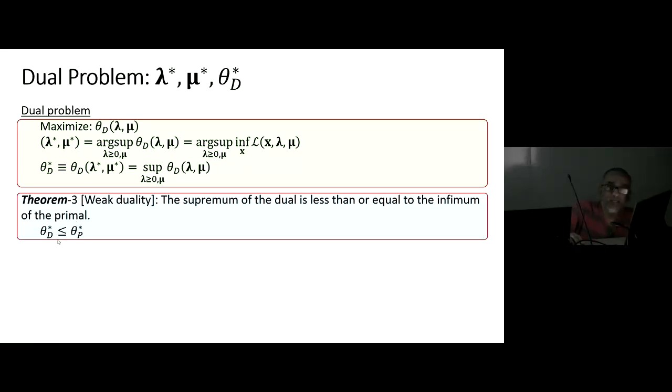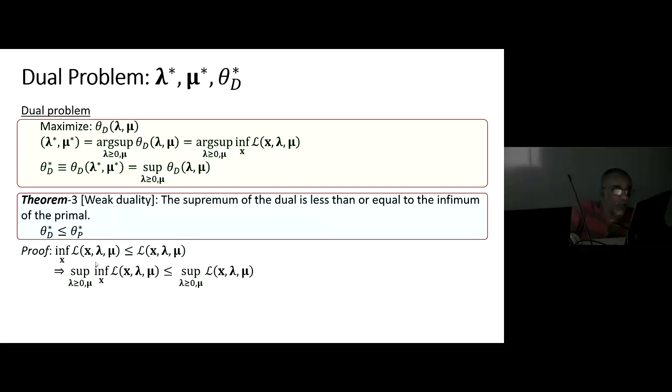This theta_d star is always less than or equal to theta_p star. Why? Let's see. The infimum of the Lagrangian with respect to x is less than or equal to the Lagrangian for any value of the variable x. Correct?